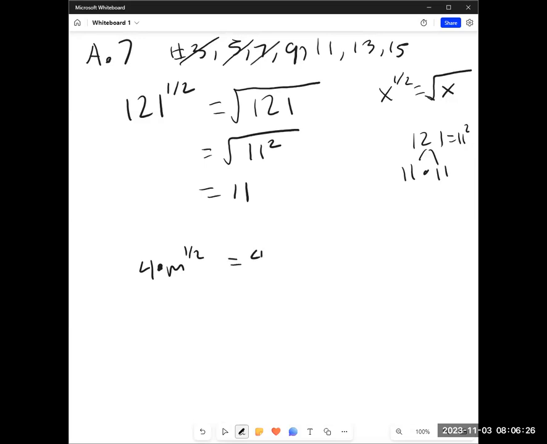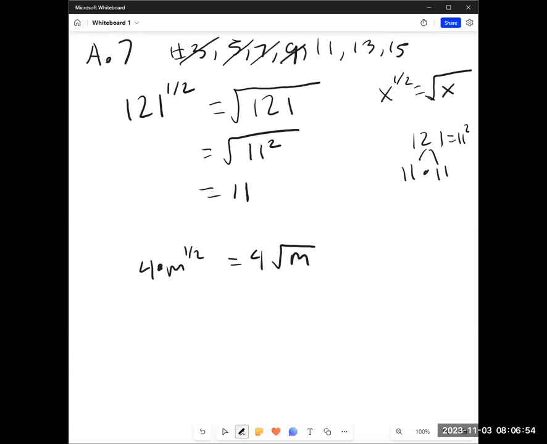So this is going to be 4 times the square root of m, and I can't simplify that at all because I don't know what m is. I'll come back to number 11 in a second.